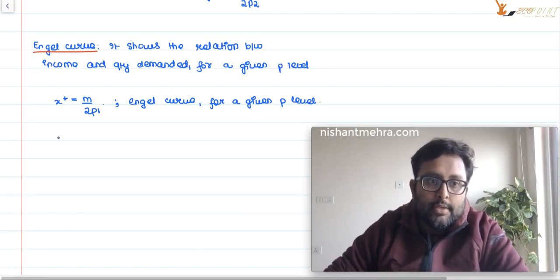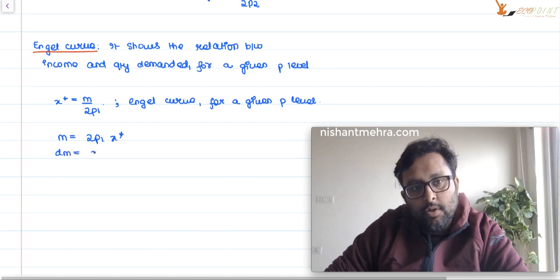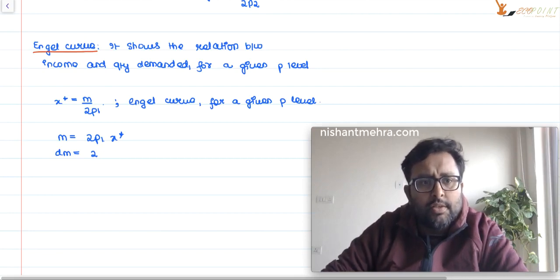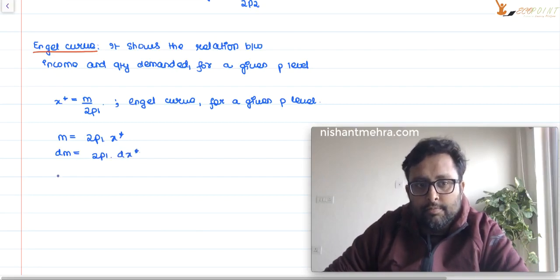Well, I can also write this as m equals 2p1 x star, and then dm equals 2p1 dx star for a given level of price, right?